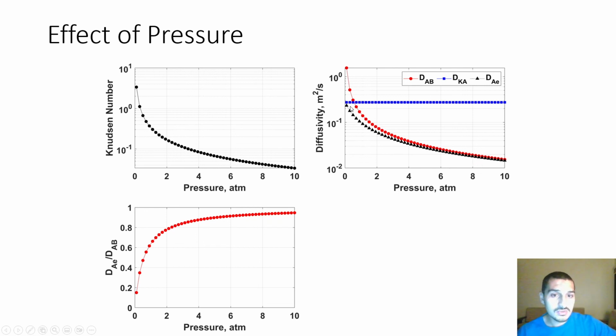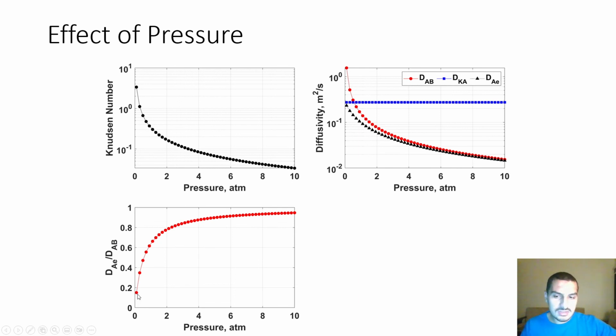It's also nice to notice that always the effective diffusion coefficient is lower than the molecular diffusion and the Knudsen diffusion. It's never larger than them. So this is also a nice thing to notice. Finally, here you would see the ratio of the effective diffusivity to the molecular diffusivity. So again, at very low pressures, there is a very big difference in the values between the effective and the molecular diffusivity.